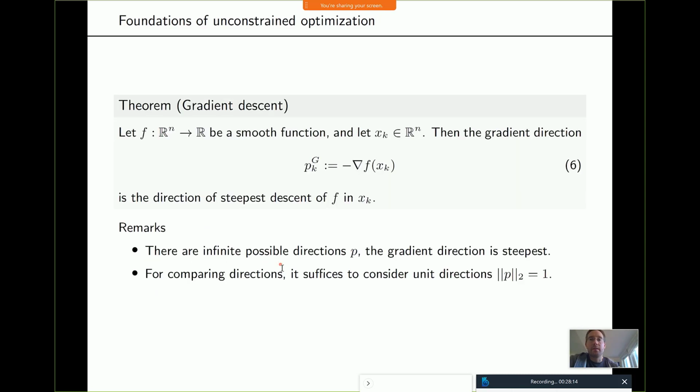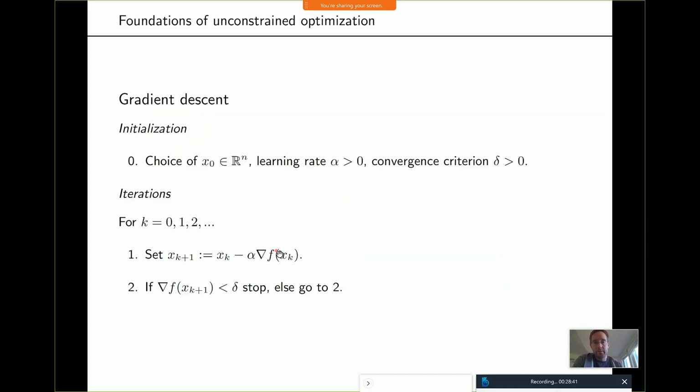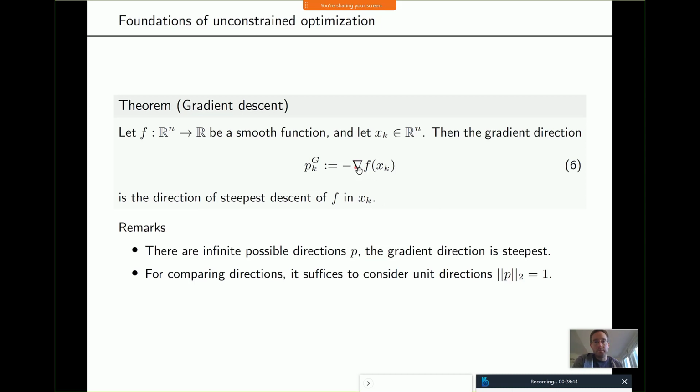I put it here in theorem form. This is the motivation for using gradient descent. If you have a function f, which is a multivariate real-valued function, and you have some value xk, then the gradient direction, so pgk, which is not the alpha, but this part here, minus the gradient at xk, is the direction of steepest descent of f in xk.